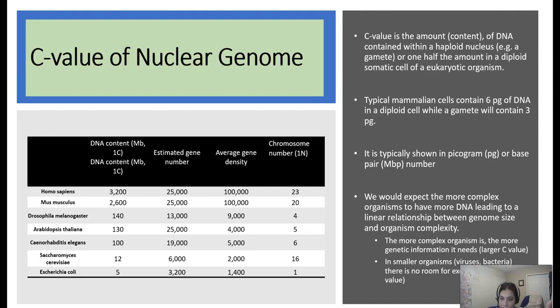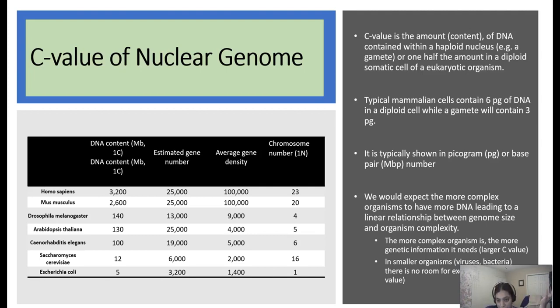A typical mammalian cell, for example, contains 6 picograms of DNA in a diploid cell, while a gamete will contain 3 picograms. So the C value of a mammalian cell, in this case of a human, for example, is going to be 3 picograms of DNA. The C value is given either in picograms or in megabase pairs or MBPs, and that's going to be the number that you're looking at.